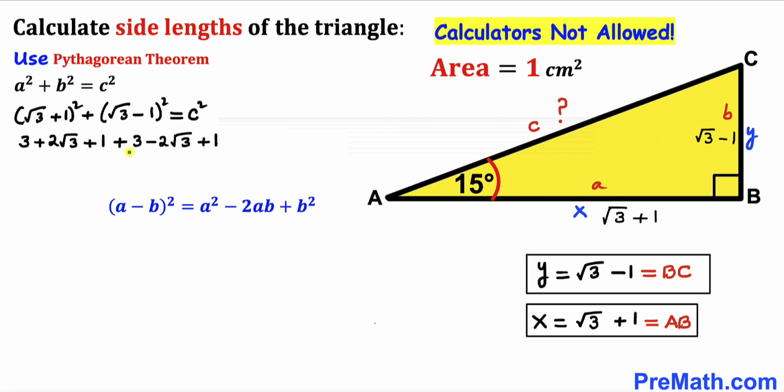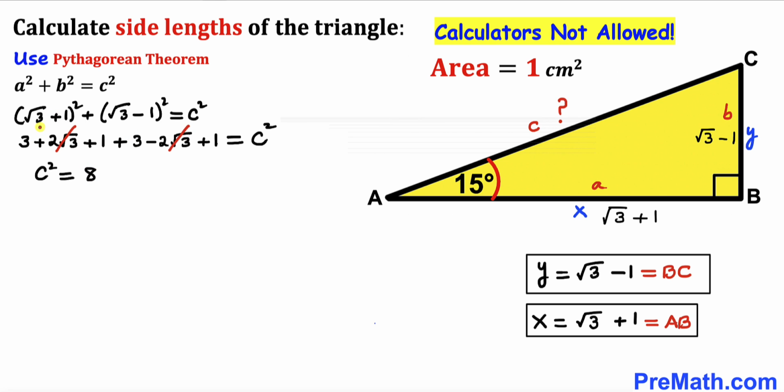As you can see in this next step, I have taken care of this one, and we got this one: 3 minus 2 times square root of 3 plus 1, and that is going to be equal to c square on the right hand side. And now we can see 2 times square root of 3 and minus 2 times square root of 3 is gone. And if we combine the like terms, so therefore c square turns out to be 8.